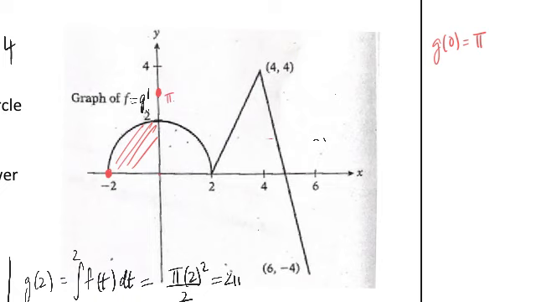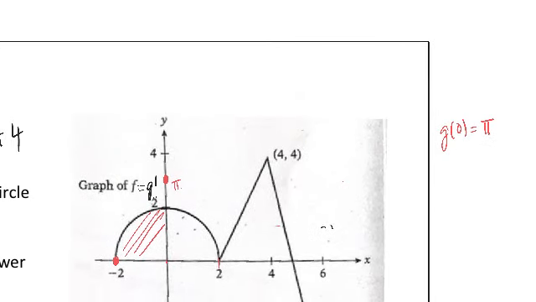This is pi. Okay, and then when I get to 2, I want to be at 2 pi. So I'd be up somewhere here, about the same height, right? If this is pi, then 2 pi is probably somewhere there, right? So now I'm at height of 2 pi. So this is G of 2.